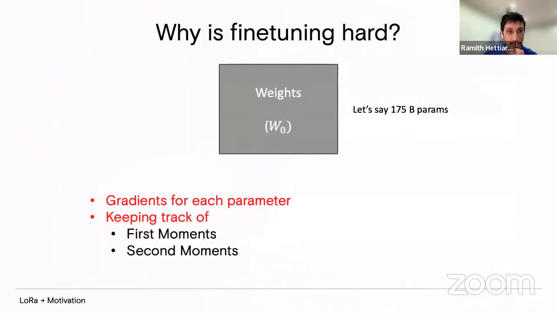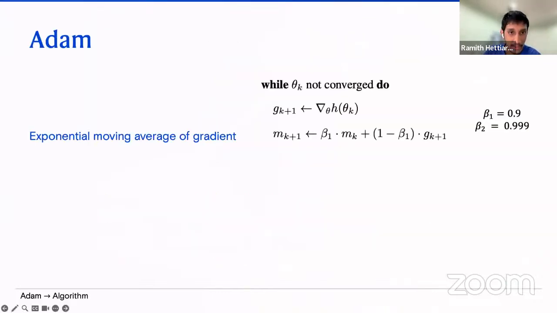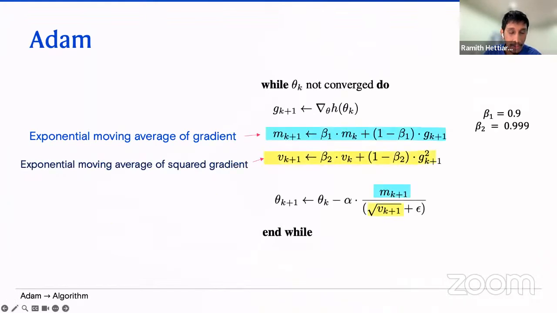So if you want to fine tune the model, let's see why we need a lot of compute and memory. As we know, when we use adaptive moment optimizers like Adam, we essentially need to calculate the gradients and the first moment and the second moment. For each weight, we need to keep track of the exponential moving average of the gradient and the squared gradient.